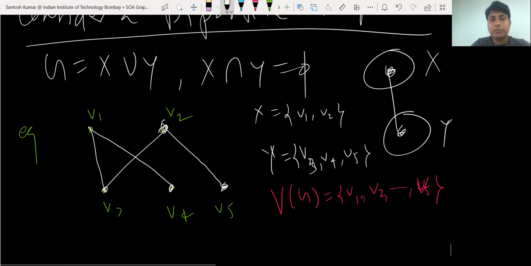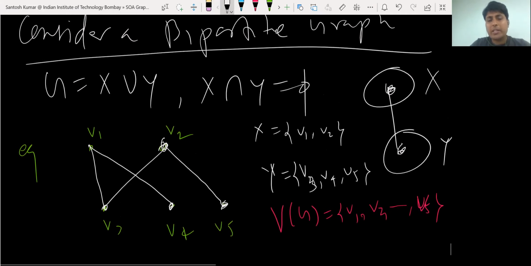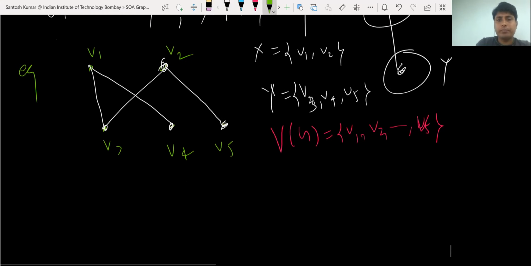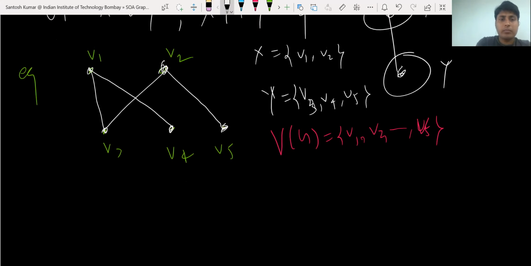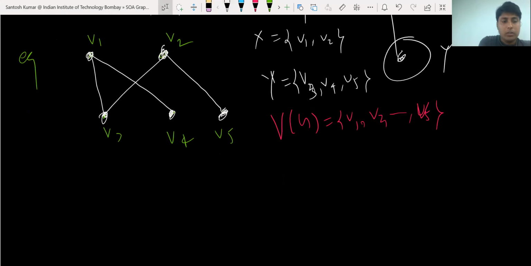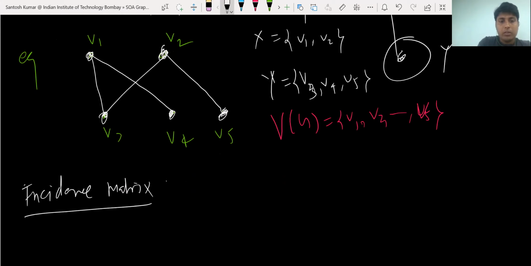I want to make the adjacency matrix as well as the incidence matrix, mainly to see the properties of the adjacency matrix. Let's make the incidence matrix. So edges we can name E1, E2, E3, E4.